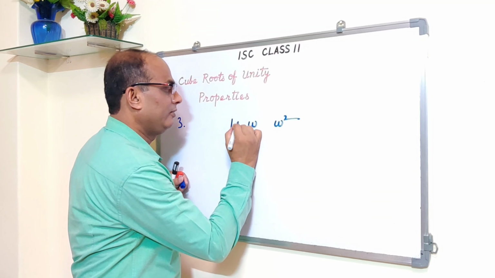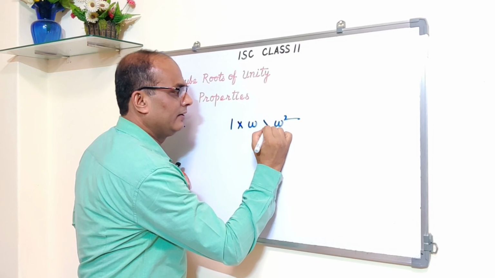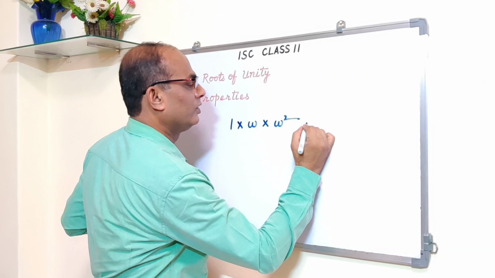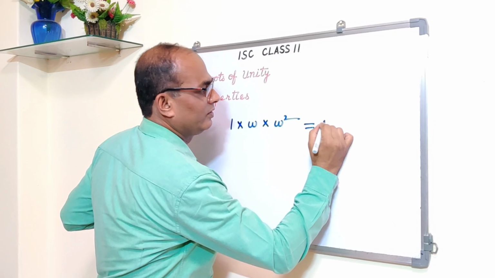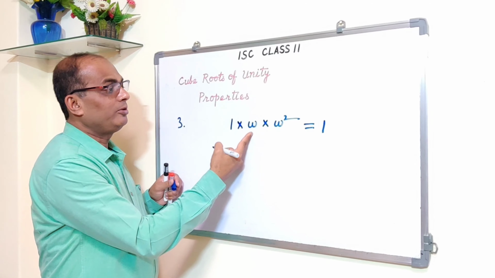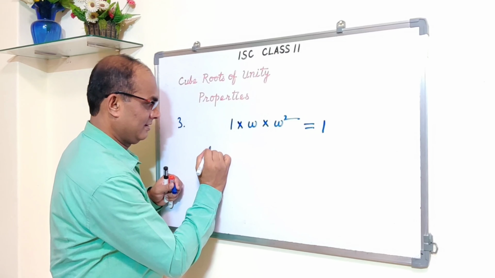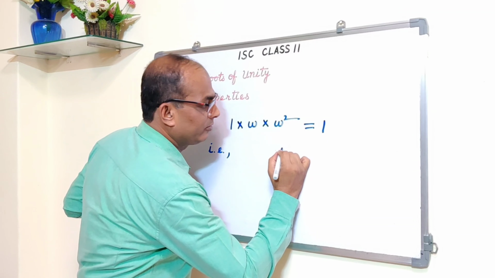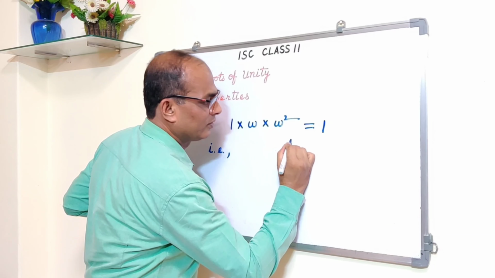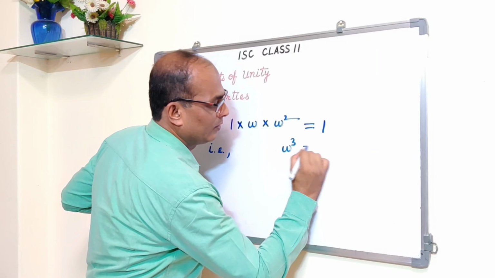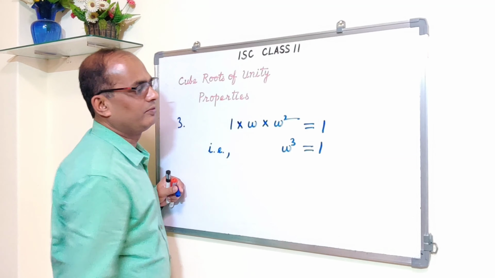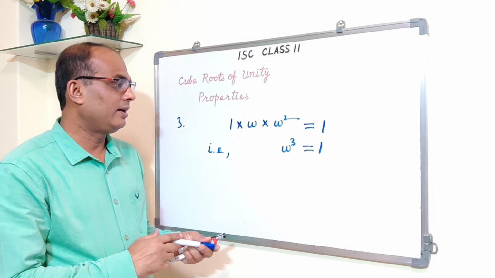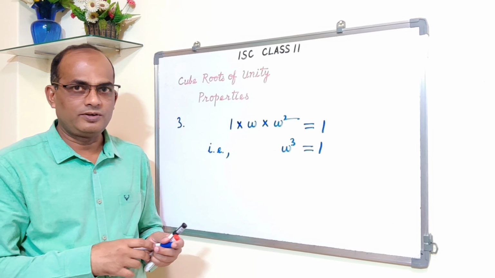That means 1 into omega and into omega square is equal to 1. This we have to show. And actually this means what? Omega cube. So omega cube is equal to 1. This we have to show. This is the result, a property we will be using when we solve exercises.